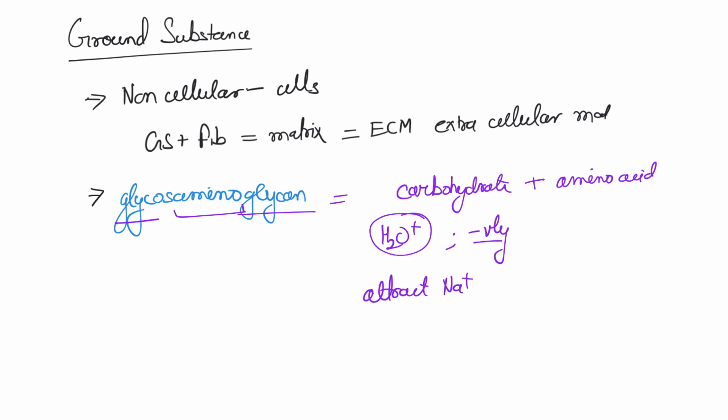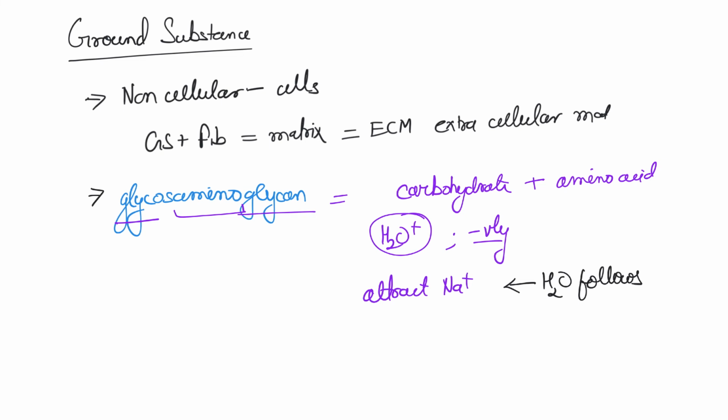Now wherever goes Na+, water follows, right? Osmotically, the concentration of ions increases. That means the water potential decreases. Water flows from high potential to low potential, right? From its higher concentration to its lower concentration.